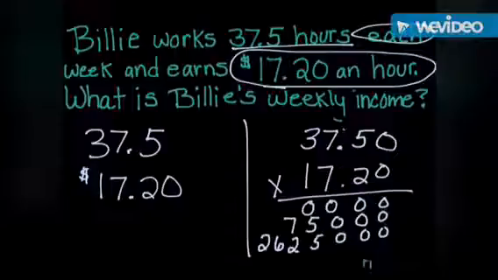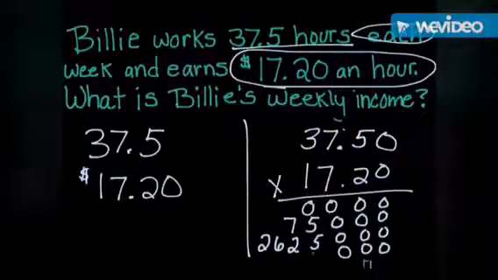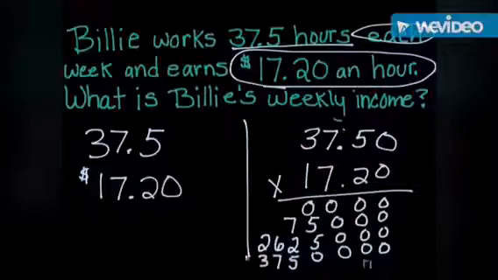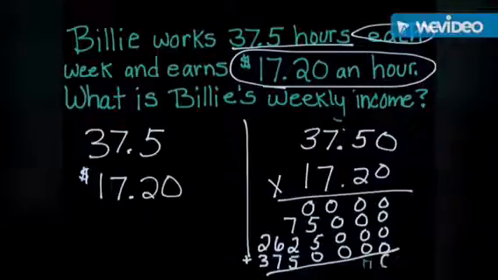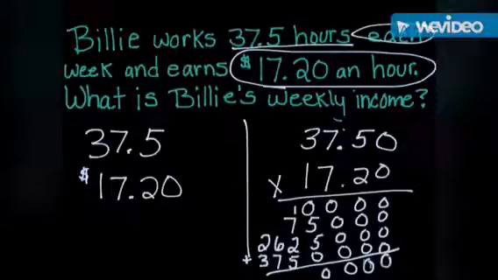And one more row, so let's see. 3 placeholders. 1 times 0 is 0. 1 times 5 is 5. 1 times 7 is 7. And 1 times 3 is 3. I'm going to add those numbers up. 0, 0, 0. 5 plus 5 is 10. 8, 9, 10, plus 5 is 15. 7 plus 7 is 14.